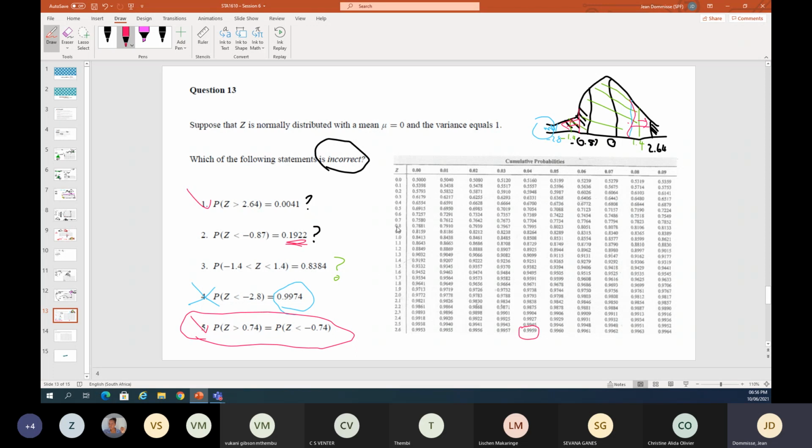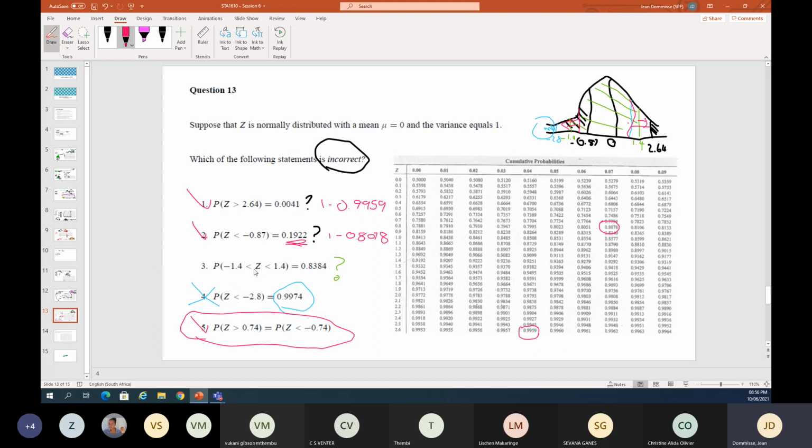But let's go to the 0.87 on the positive table. So 1 minus 0.8078 will give you the same answer. That would also have been correct.